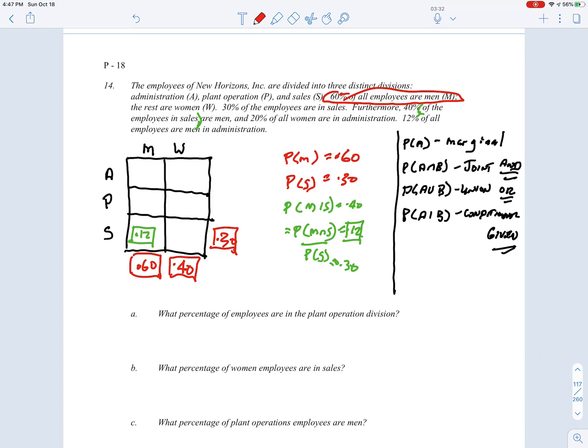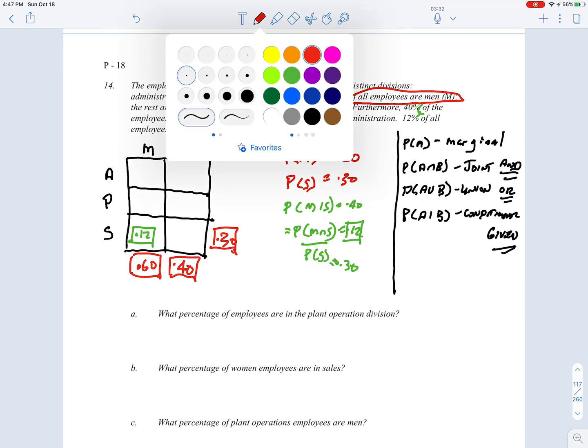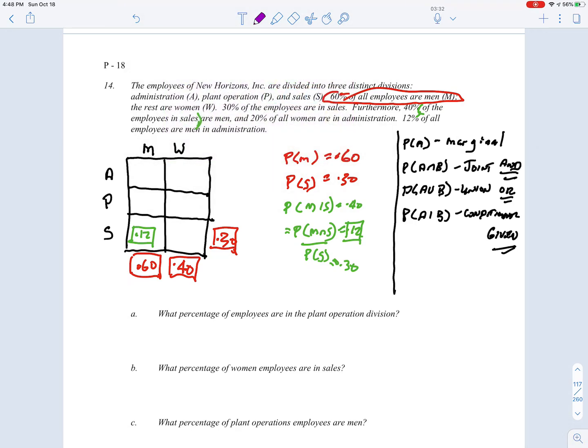20% of all women are in administration. So let's change colors here again. And what we have here is 20% of all women are in administration.